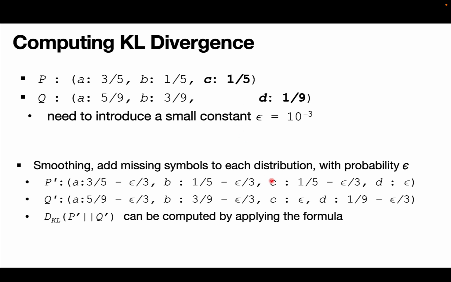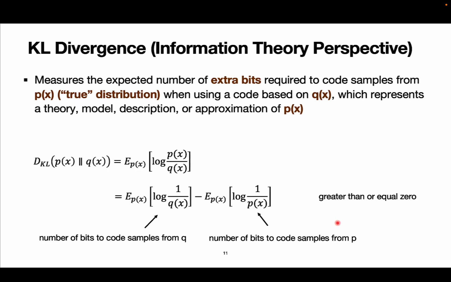So what we end up doing here, we added an epsilon, then subtracted 1/3 epsilon from each probability, and we did the same for the C and Q. So now C equals epsilon, and we subtracted 1/3 epsilon from everything else and applied the formula.